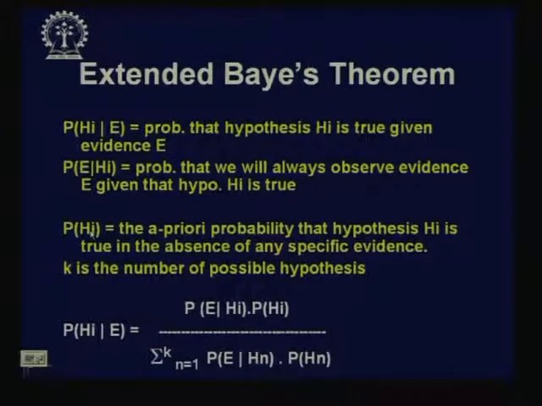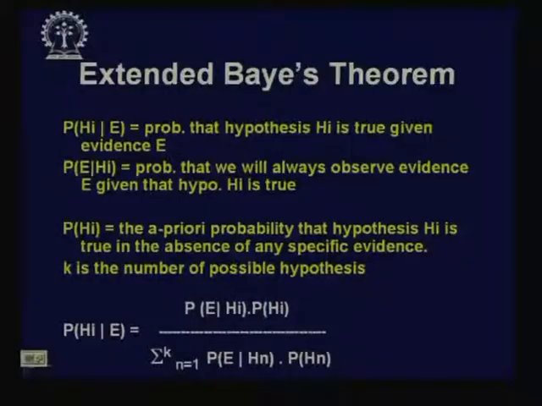Now, we have got an evidence E which can support a number of hypotheses, k number of hypotheses, all right. Then this evidence E and its contribution to a particular hypothesis is distributed over all these k hypotheses, right.